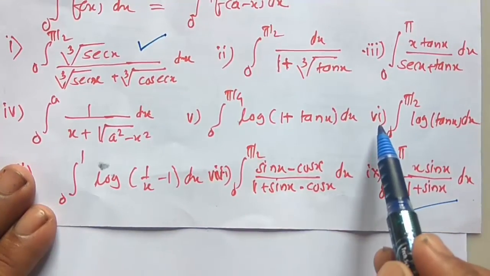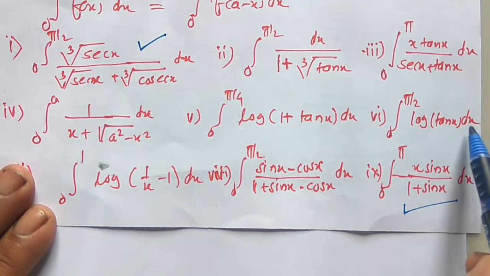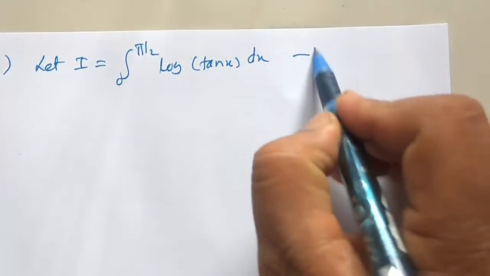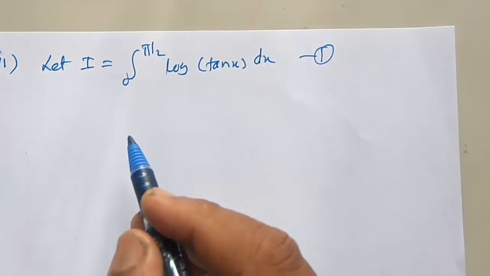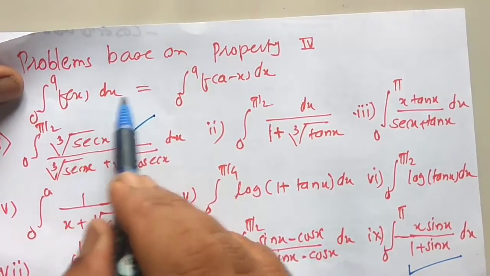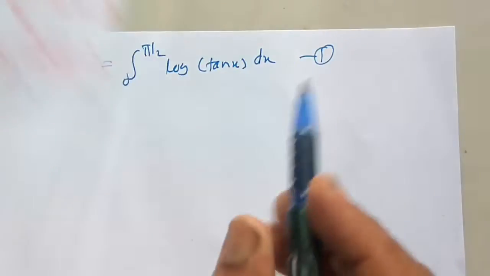Next example number 6, 0 to pi by 2 log of tan x dx. We denote this by I. This is equation number 1. Using the property number 4, 0 to a f of x dx is equal to 0 to a f of a minus x dx.